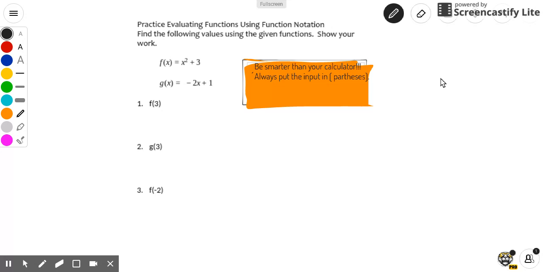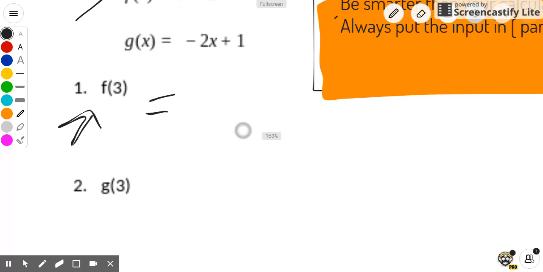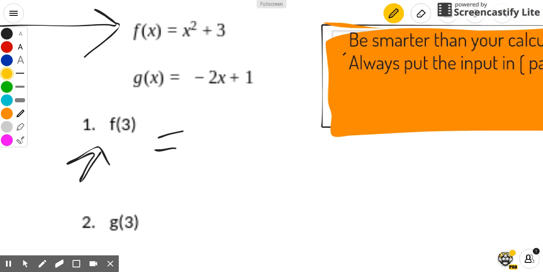So if I were to set up the first problem, the f tells me the name of the function, so it's telling me that I'm using the f one. And instead of x, do you guys see what I have this time? So normally there is an x in the middle, but this time I have a 3.